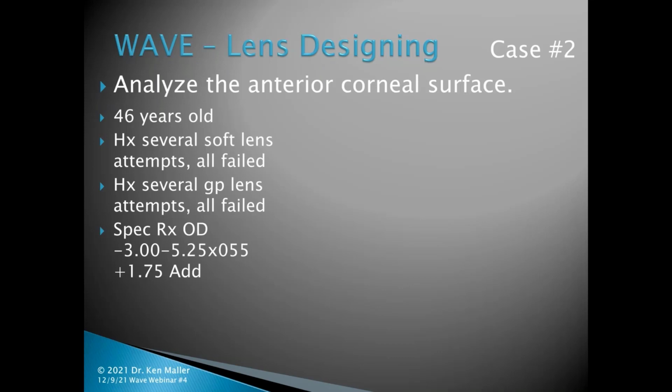You can see the spectacle RX on the right eye is a -3, -5.25, axis 55. So it's oblique cylinder and quite a bit of it at that. And now he's also got a 1.75 add as presbyopia has hit him as well. And the simulated Ks there, you can see he's got about 5 diopters of cylinder on the cornea from the topography.